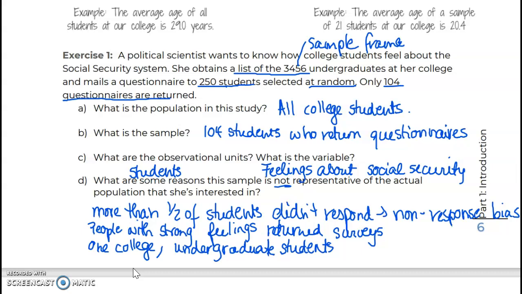So there's a lot of issues with this survey. So let me add over here. So again, touchy subject. Maybe the way questions were phrased, this could lead to response bias. We'll go more into the different types of bias later. Oftentimes, what I really am looking for is that you look very closely at the question and you really dig deep in order to figure out what is wrong with a specific survey or sampling technique.